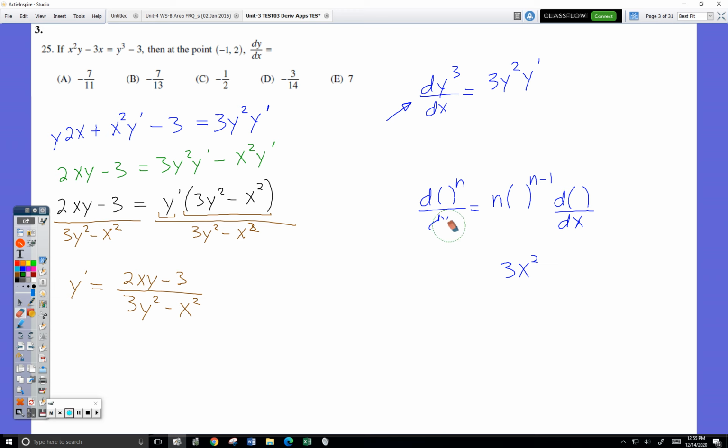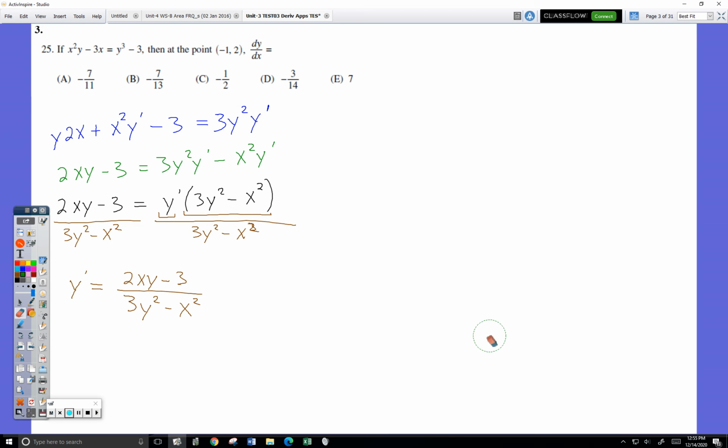Nicely done. What are they asking for in this problem? They're asking for the slope at the point (-1, 2). Good. So we don't need that equation of a line because they're not asking for it. Oh, I see. So what's the difference between the brown and what I'm now writing in purple?